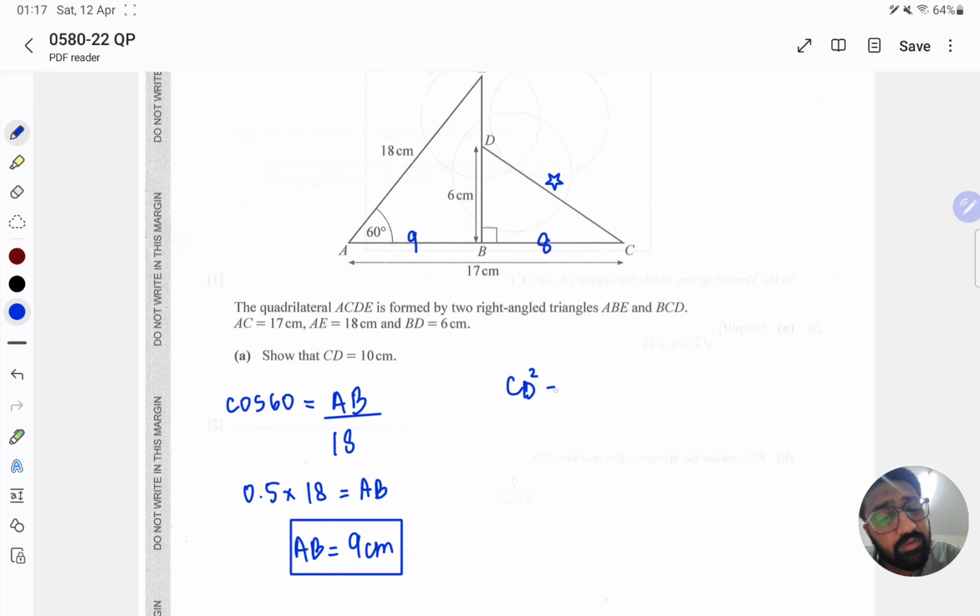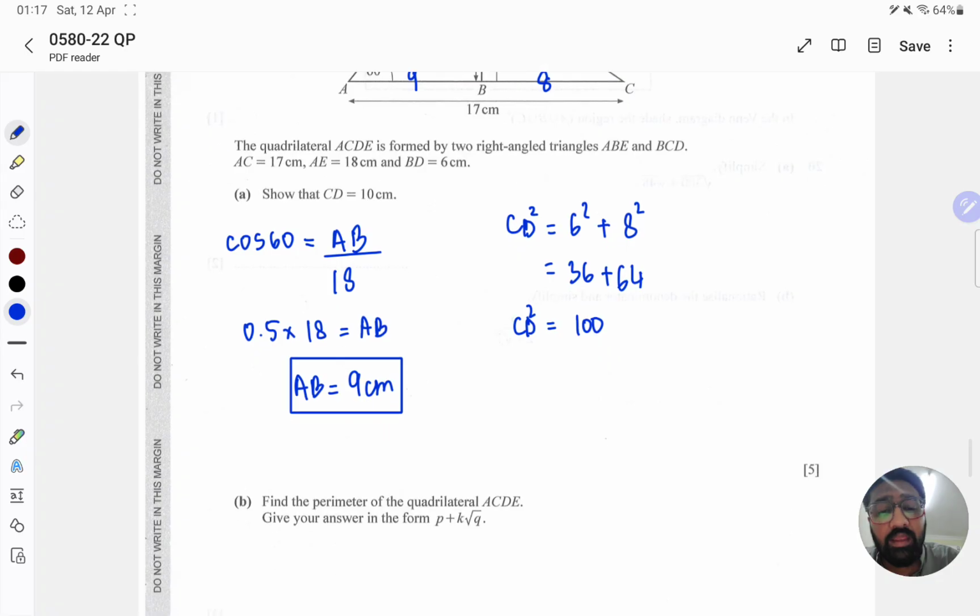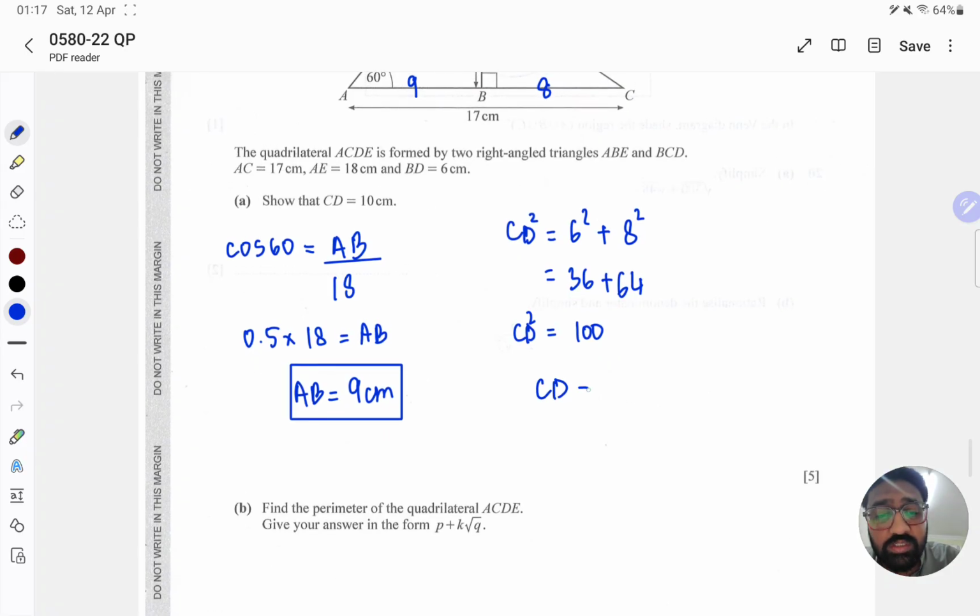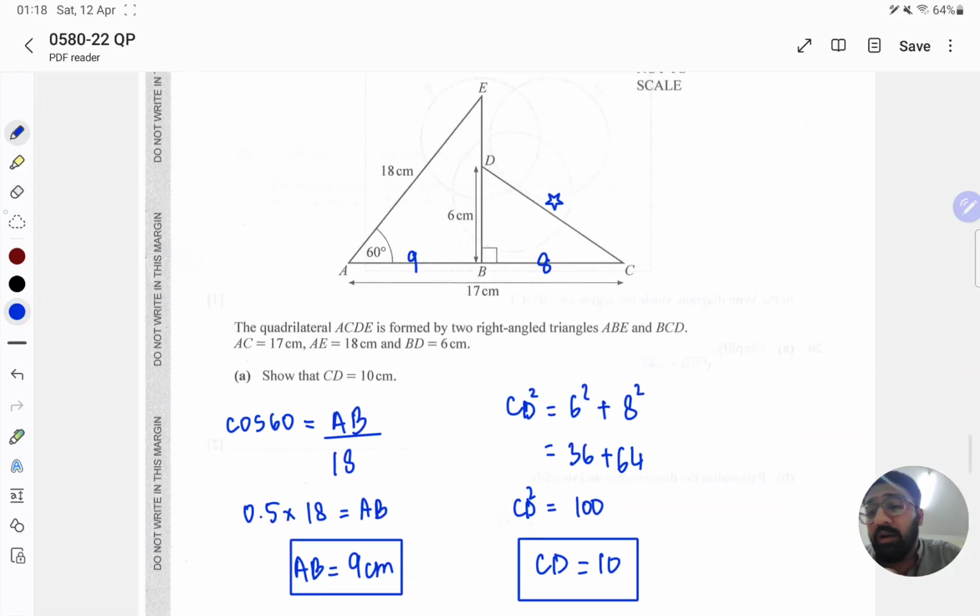CD square equals 6 square plus 8 square, 36 plus 64 equals 100. That is CD square. If we take the square root on both sides, we will figure out the value of CD, which is 10. Now we have this 10. Let me write.